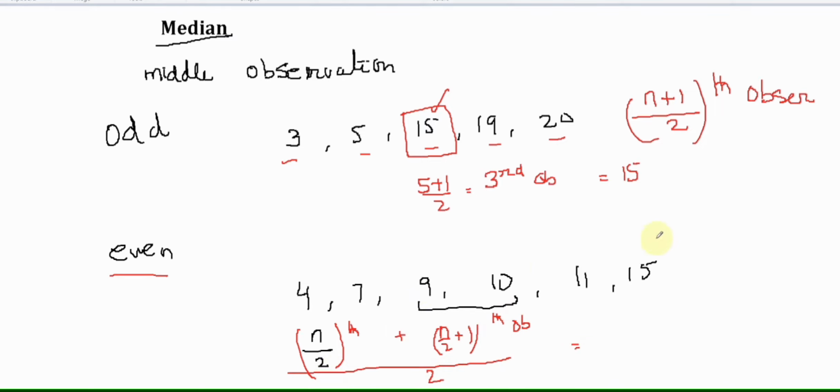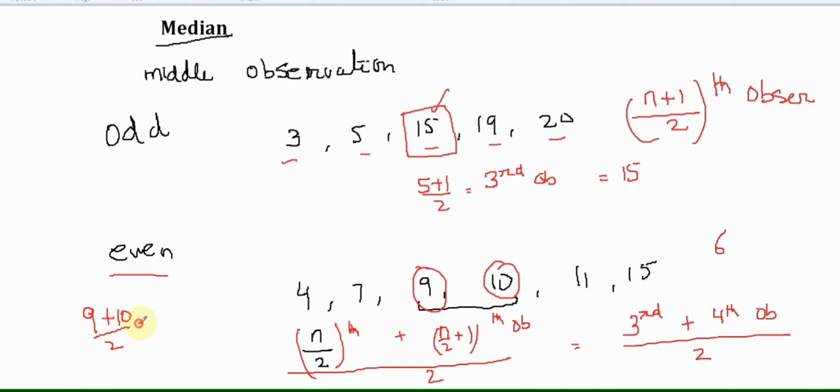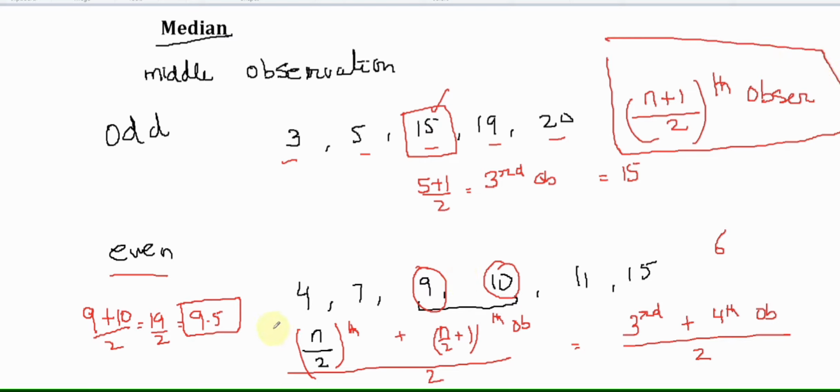Here I have 6 data. So 6 by 2 is the third observation, and 6 by 2 plus 1 is the fourth observation. You need to add them and divide by 2. Adding them, here I have 9 and here I have 10. So 9 plus 10 by 2 is 19 by 2, that is 9.5. This is your median for this data. So if I have an odd number of data, this is the formula. If I have an even number of data, this is the formula.